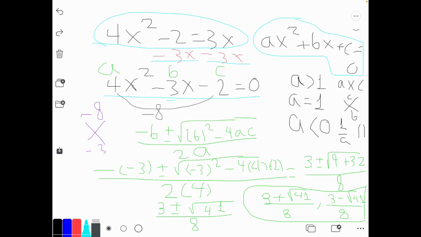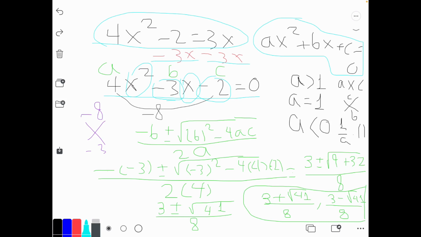Whatever has the x squared, the number before it is a, so our a is 4. The number before the x is b, so our b is minus 3. Do not forget the minus. And c is the last thing by itself, so it's minus 2.